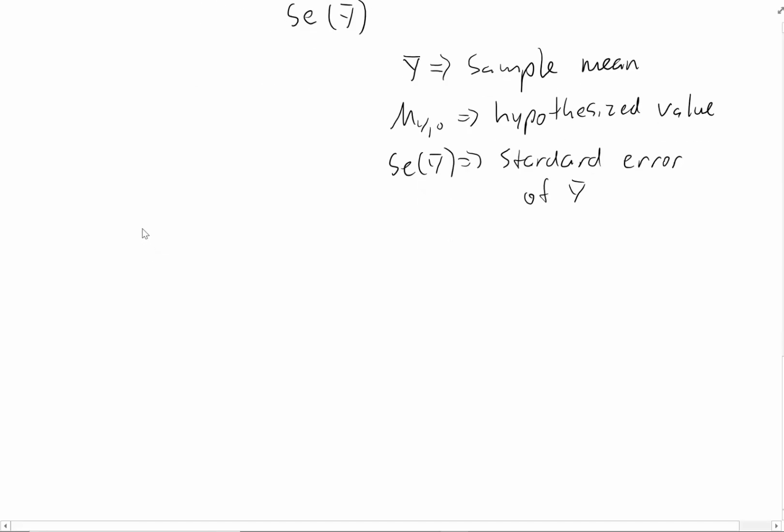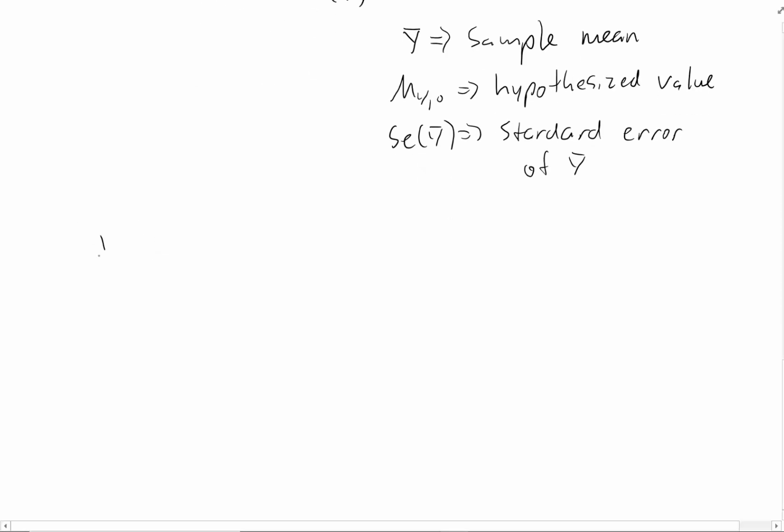So if we know that y is distributed normally, then this t-statistic is distributed as a student's t-distribution with n minus 1 degrees of freedom.